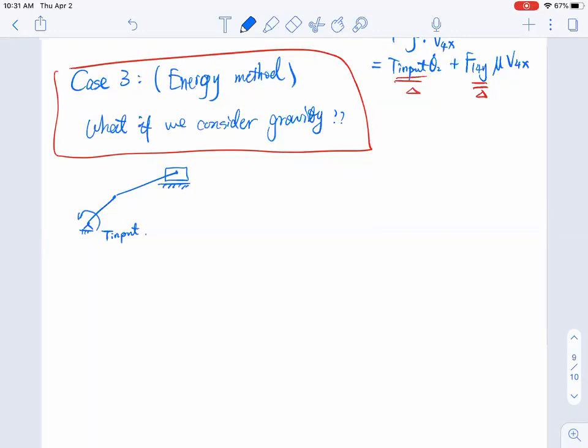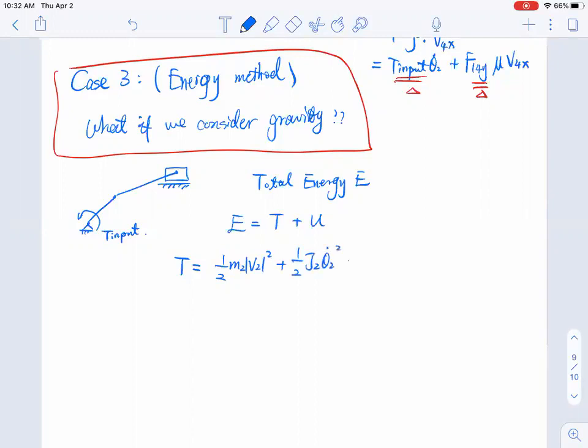In order to use the energy method, the first thing is you need to find the total energy E of the system. For E, you have two components, kinetic energy and potential energy. In previous steps, we already know that the kinetic energy has both a linear part and a rotational part, J2 theta 2 dot square.